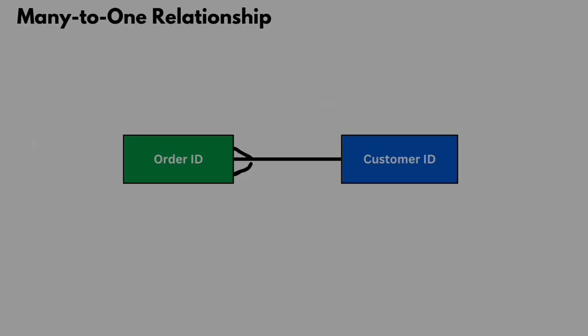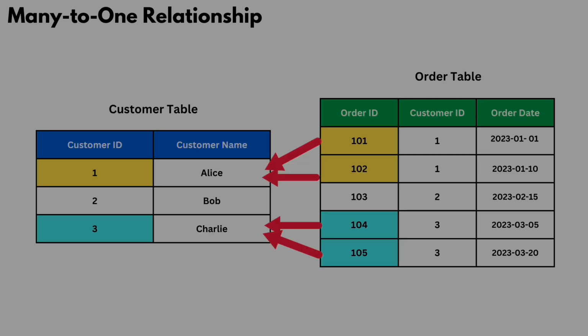The next relationship is called a many-to-one relationship, which is exactly similar to one-to-many, but from the opposite perspective. An example of such a relationship is when multiple orders can belong to a single customer. That's the same example that we had for one-to-many, but we just made it opposite. Now we have order ID, which has different branches coming out of it and then attached to a customer ID.